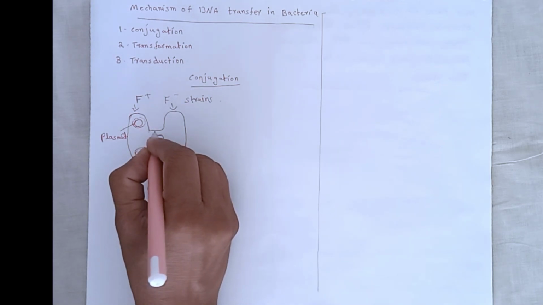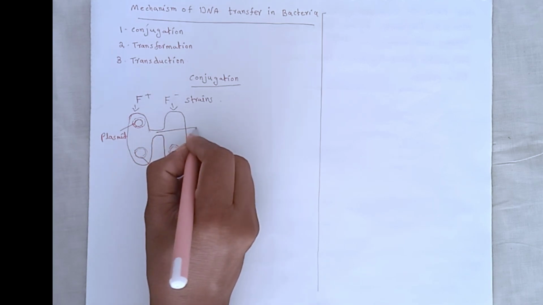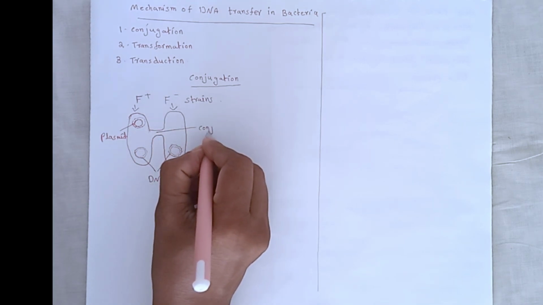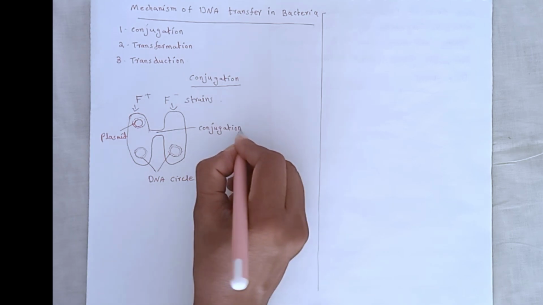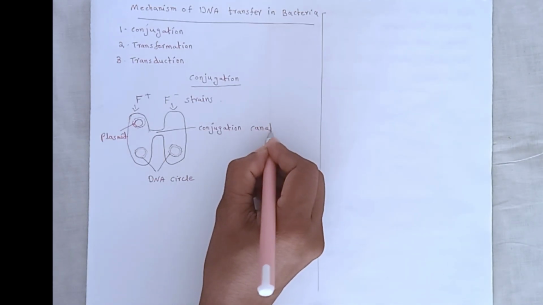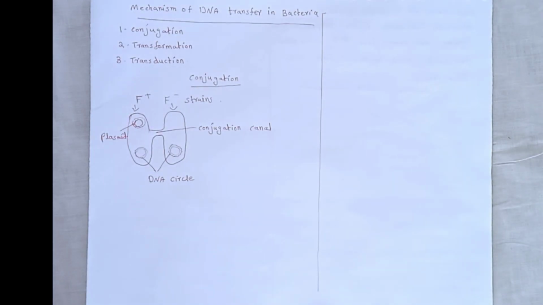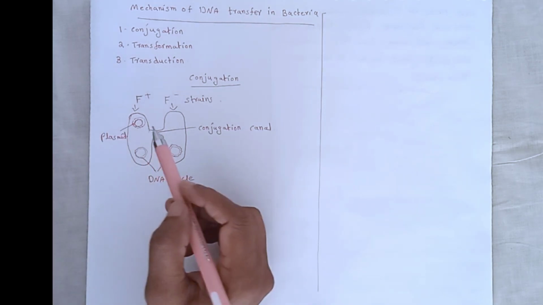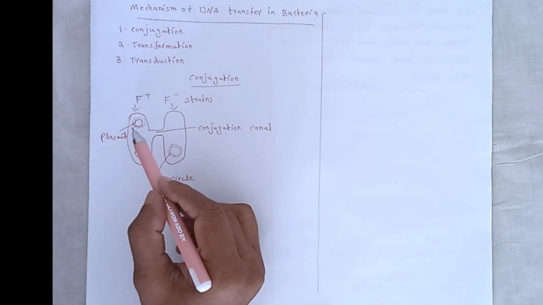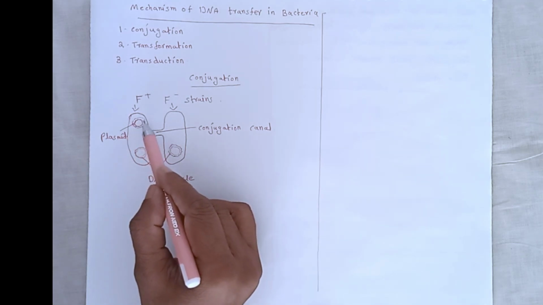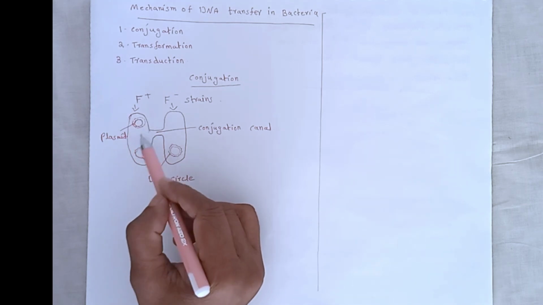This is the conjugation canal. The F plus strain is a bacterium with a plasmid, an extra DNA part containing a few genes.